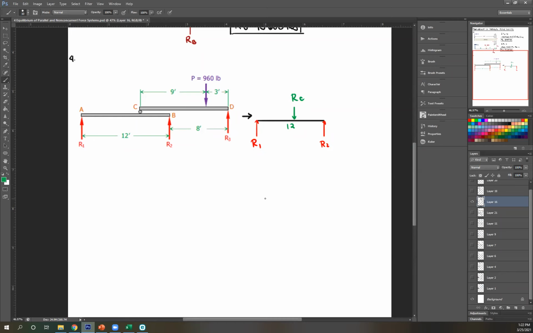So that R1 is equal to R2. So this is an analysis. Okay, anyone?